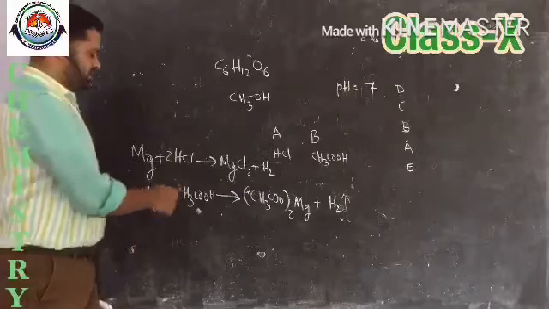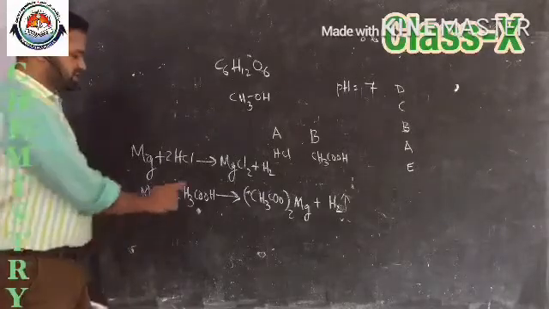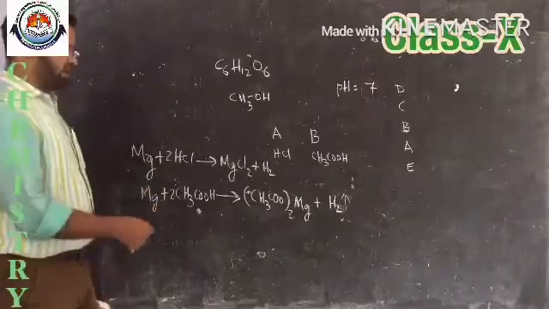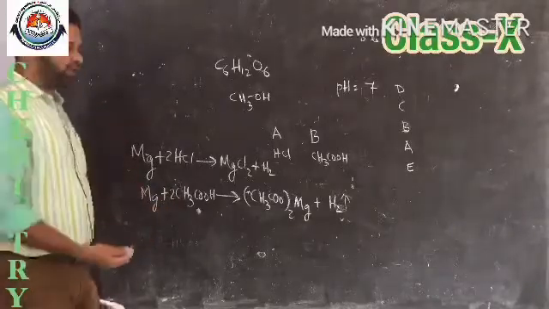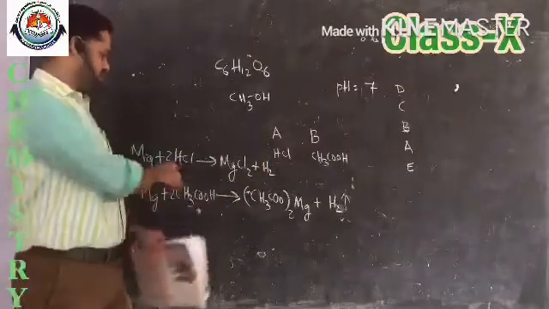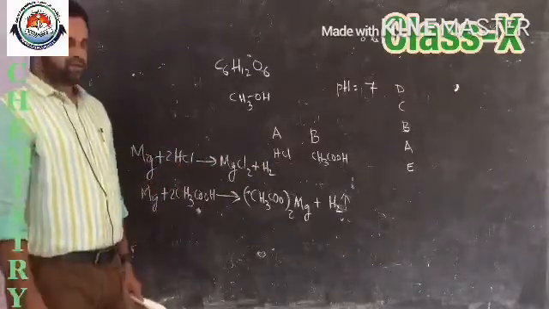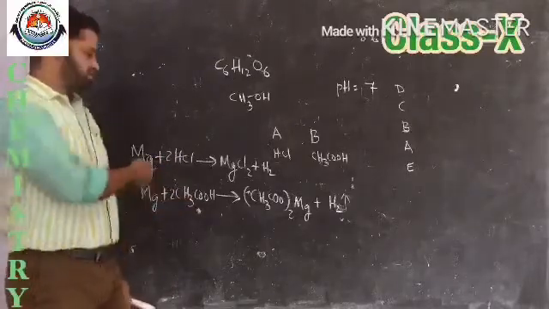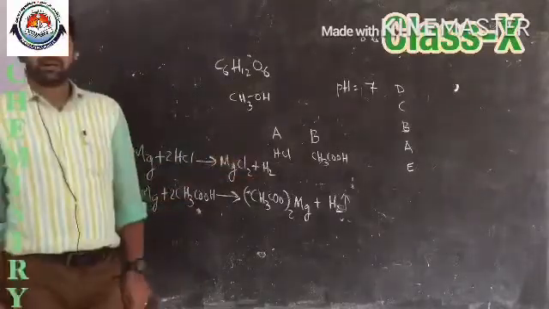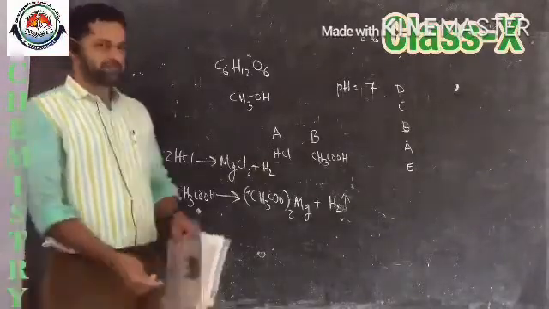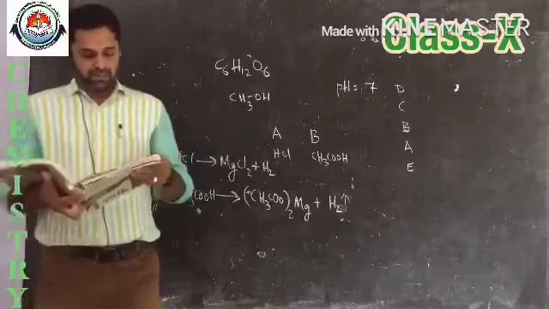But in the case of a weak acid, since acetic acid is a weak acid, the reaction will occur slowly, and hence the fizzing will be very less as compared to test tube A. If these kind of questions are asked, you can also write the balanced chemical equation of those reactions.